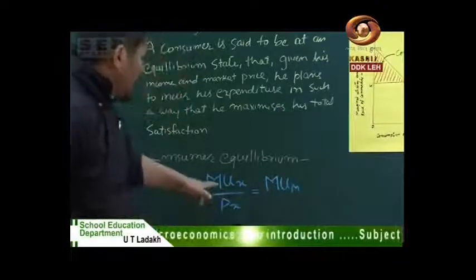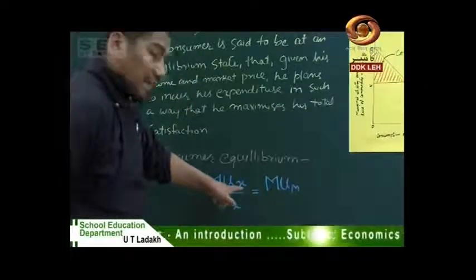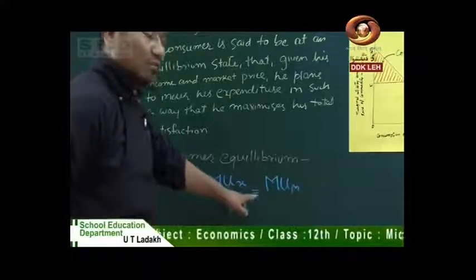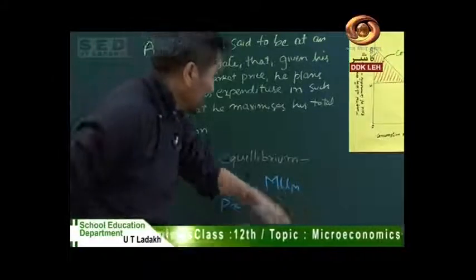That is, marginal utility of commodity X divided by price of commodity X should be equal to the marginal utility of money.